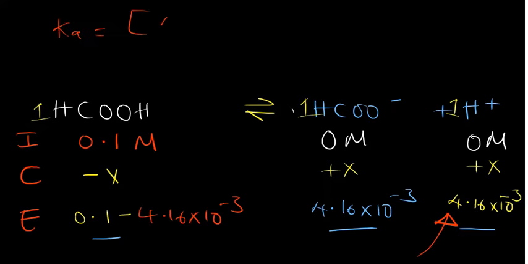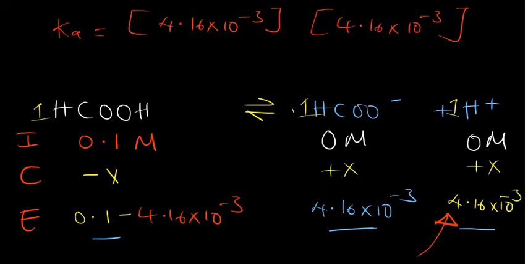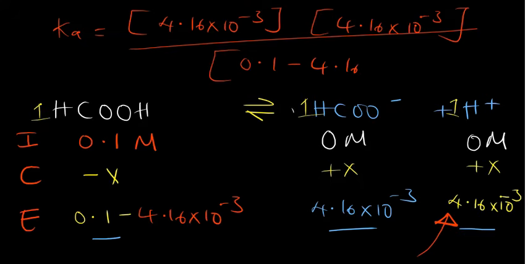The products we have 4.16 times 10 to the power negative 3 for the first one, the other one as well, and then divided by our only single reactant in aqueous state, 0.1 minus 4.16 times 10 to the power negative 3. From there we should be able to find the value of Ka.